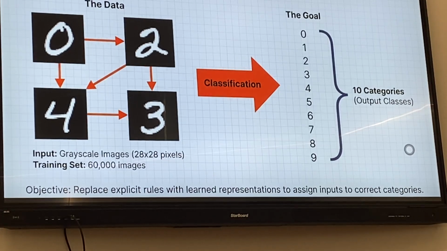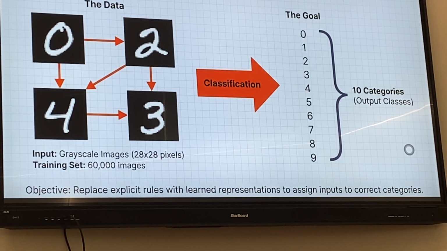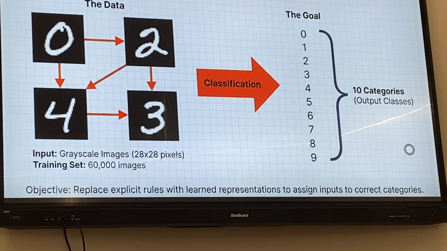The 28 means that you have 28 of these intensity values in that direction and 28 in the other direction. Each of those values is a number between 0 and 255, and each value tells you how gray the pixel is.